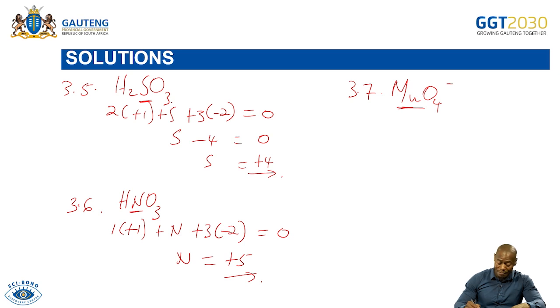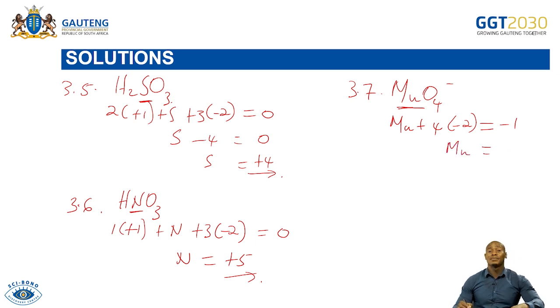So I'm having MnO4 minus, so it's just Mn there plus 4 into negative 2. This should be equal to -1, right? So it should be equal to that charge. Then I'm having Mn, which is your manganese. 4 times -2 is -8. Then transpose that -8 to the other side is going to be +8. So +8 minus 1 is positive 7. That will be the oxidation number of manganese in permanganate ion.